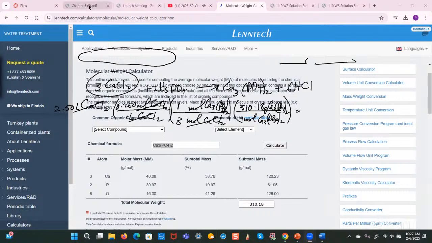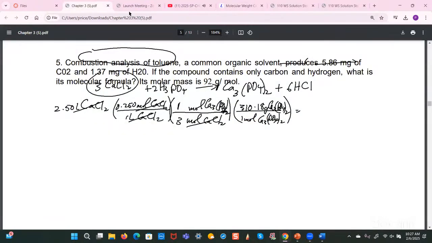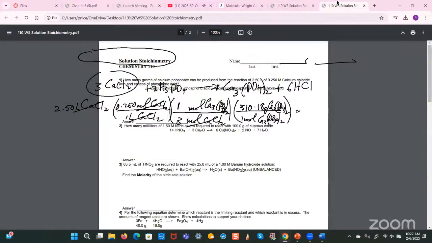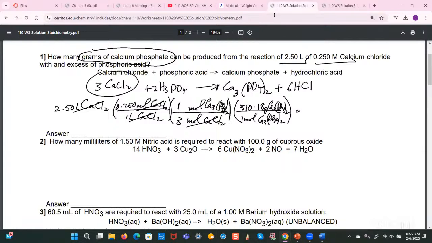So now we need to do the number crunching. 2.5 multiplied by 0.25, divided by 3, times 310.18.